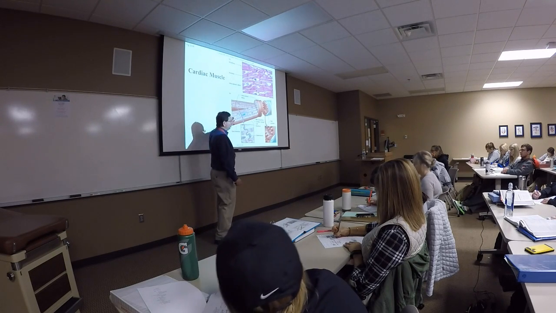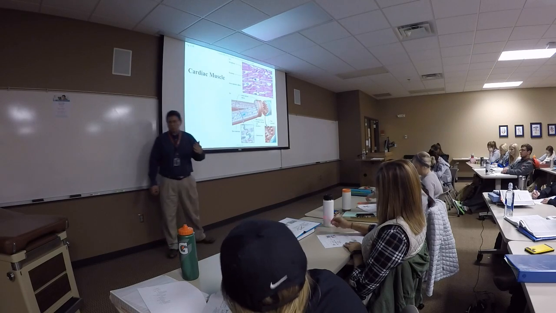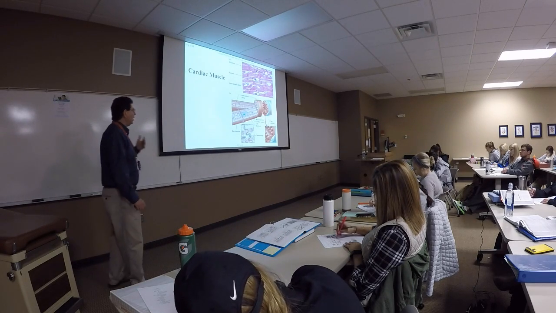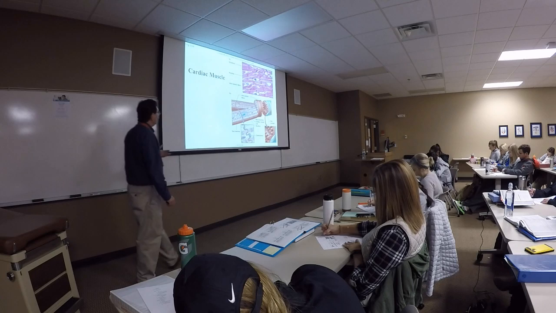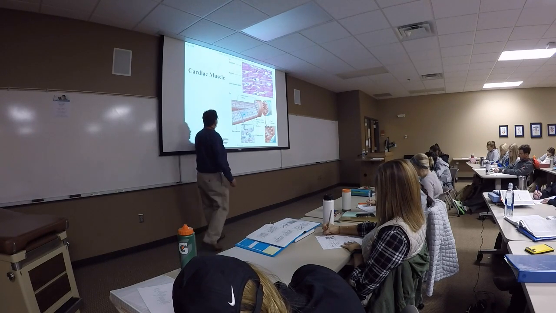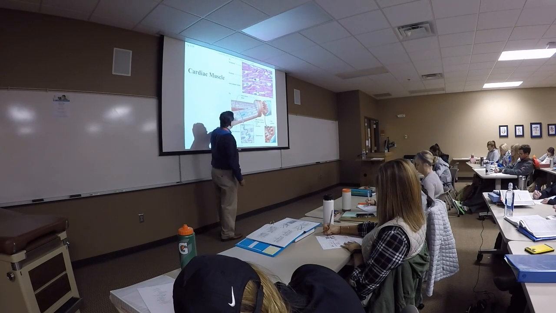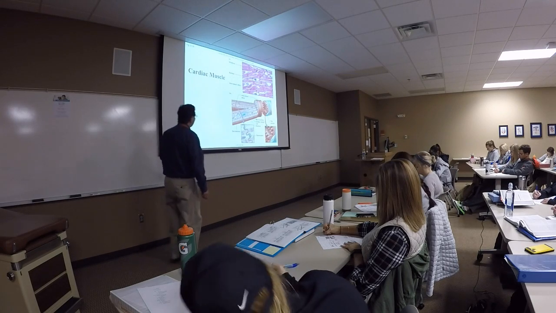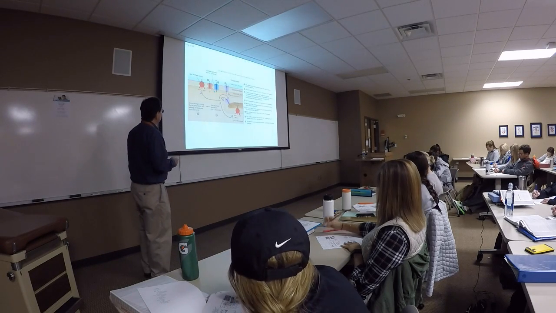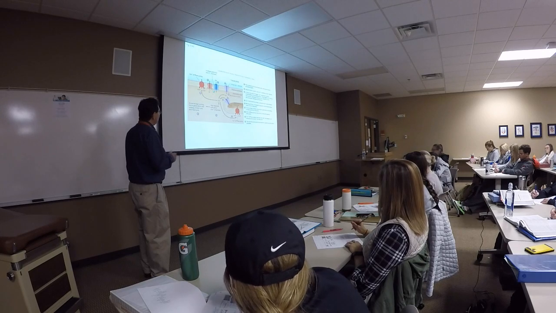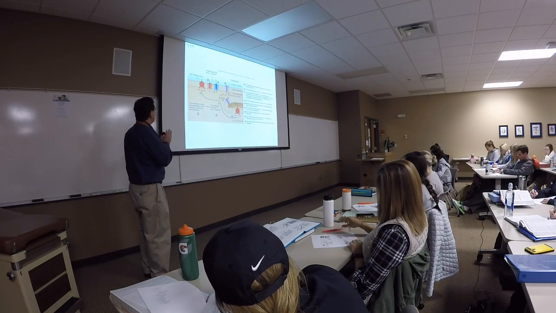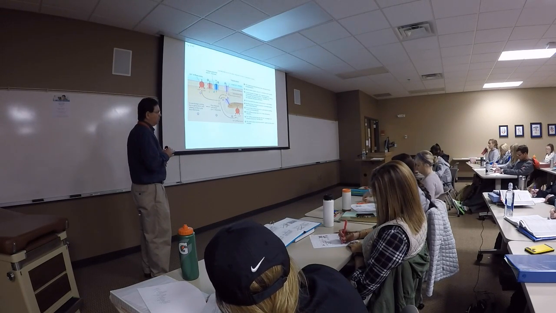Cardiac muscle is just jam-packed with mitochondria. Not surprising. You need a lot of oxidative energy production in cardiac muscle. Here's a figure that I want you to take quite a bit of time studying.